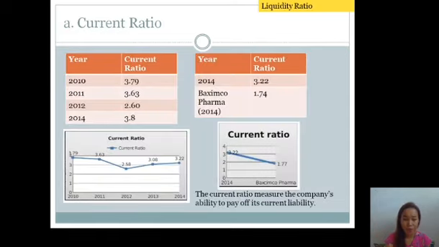The current ratio measures the company's ability to pay its current liabilities. Here we can see that the current ratio was highest in 2014 and also 2010 compared to other years. It actually decreased every year from 2010 to 2012 and again increased from 2013 to 2014.